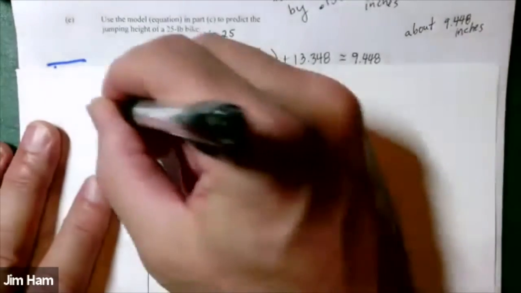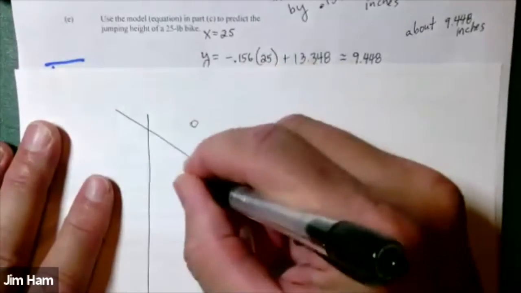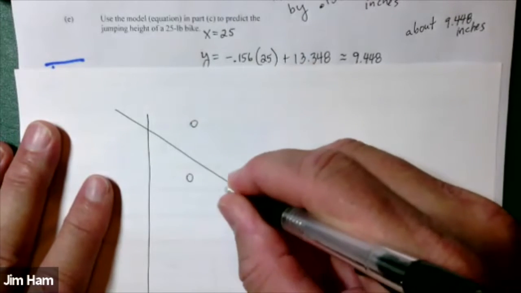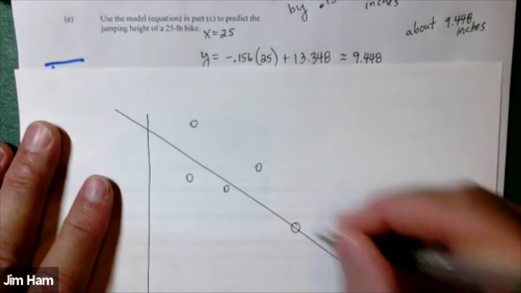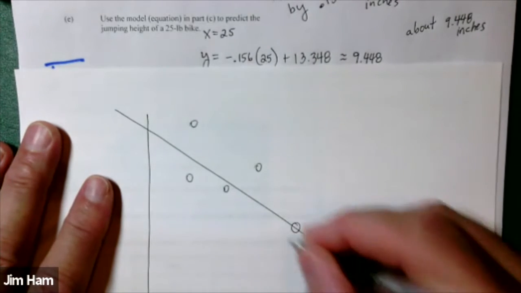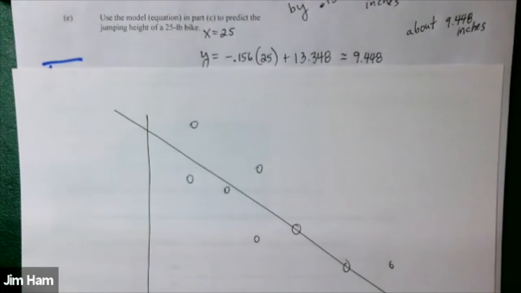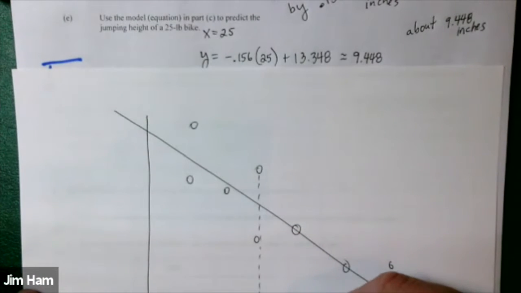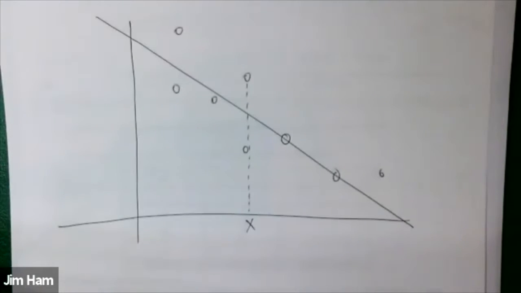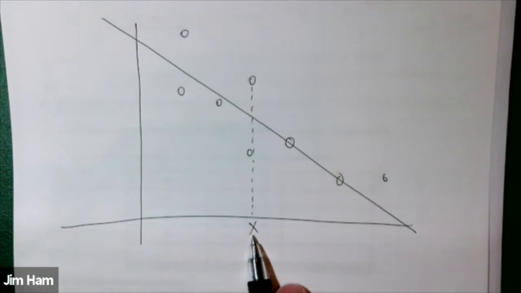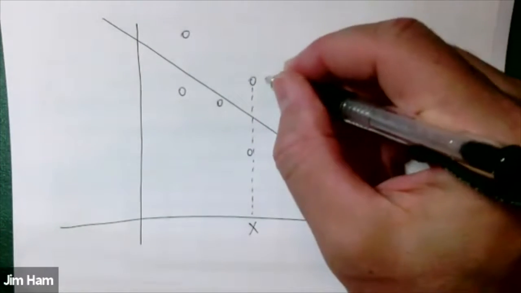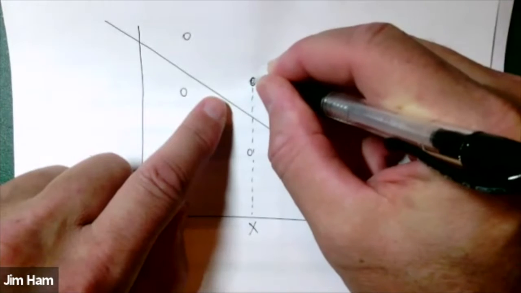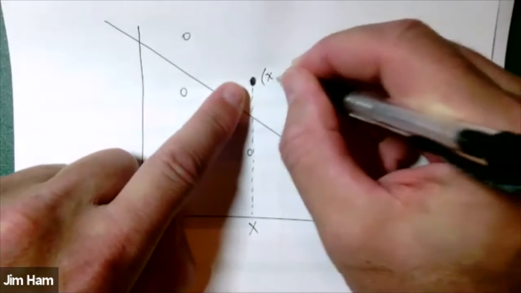We have this line coming in here, and we have these points that some of them fall right on the line, some of them fall off a little bit, but we have this line of best fit. All right, so here's our X value, and this point right here is one of our actual data values. This is an XY.